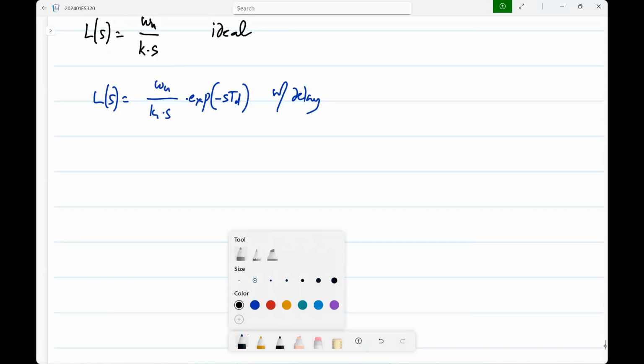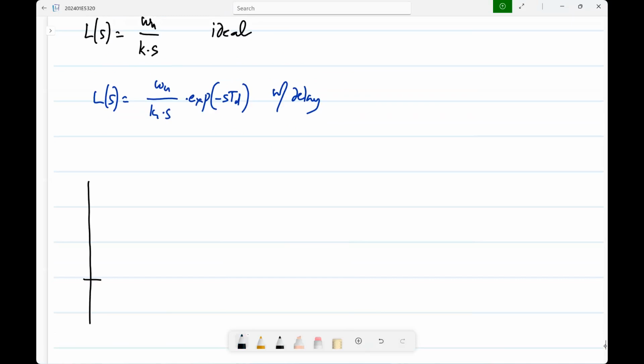Now in the time domain, if I just plot the step response of L of S, what is the motivation for looking at the step response of L of S?